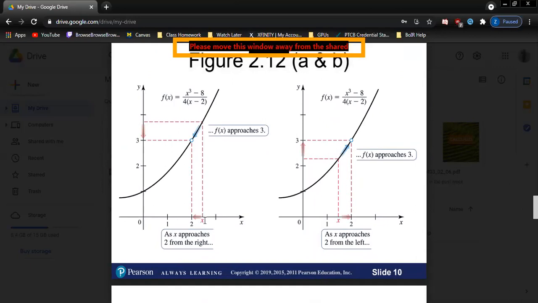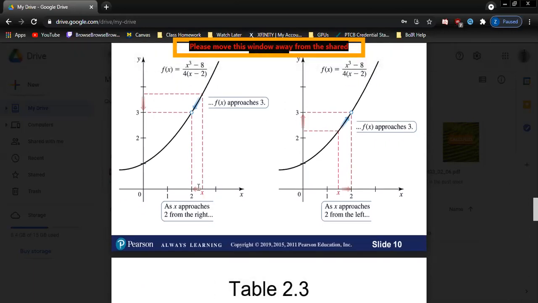It looks like 2.4 to me anyway, but it's not trying to point that out precisely. It's trying to show that you are approaching from the right, and since you're approaching towards 2, the values of x are greater than that. That's what it's trying to show. Okay. Nothing else. Okay. Thank you.